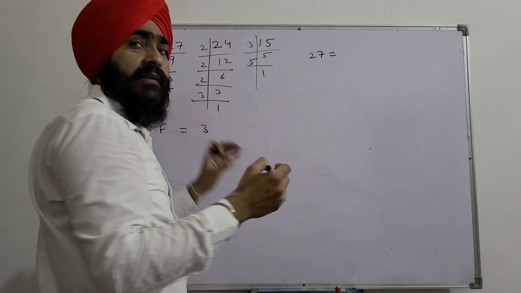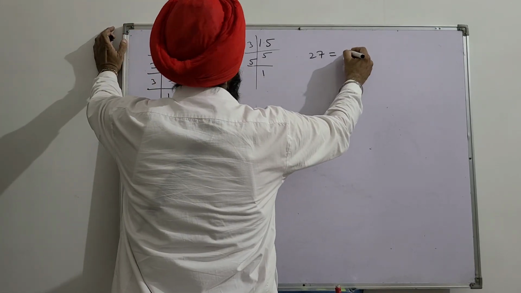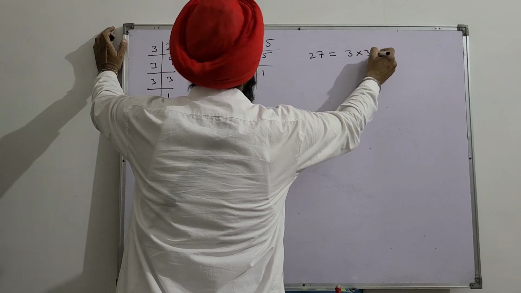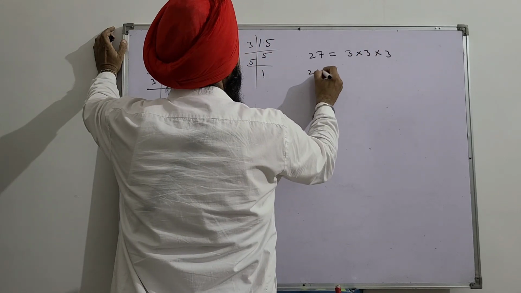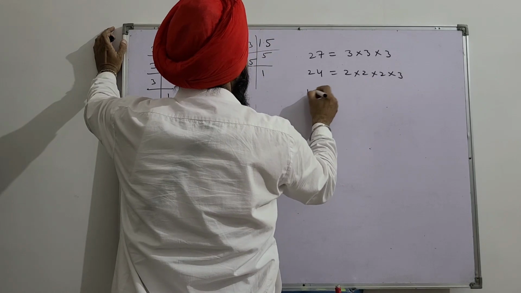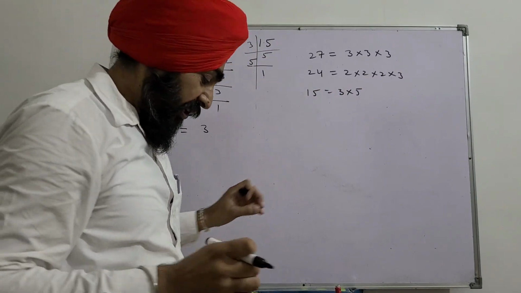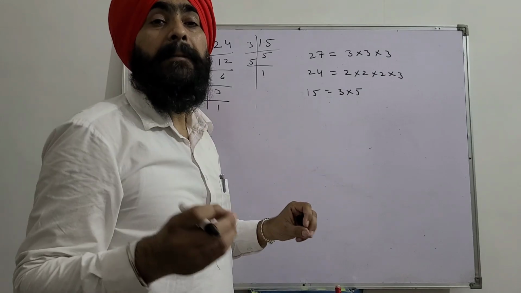You can find it in this way: firstly write all the prime factors against all these numbers. 27 has the prime factors 3 into 3 into 3, 24 has 2 into 2 into 2 into 3, and 15 has 3 into 5. In this way you can easily see which prime number is common.